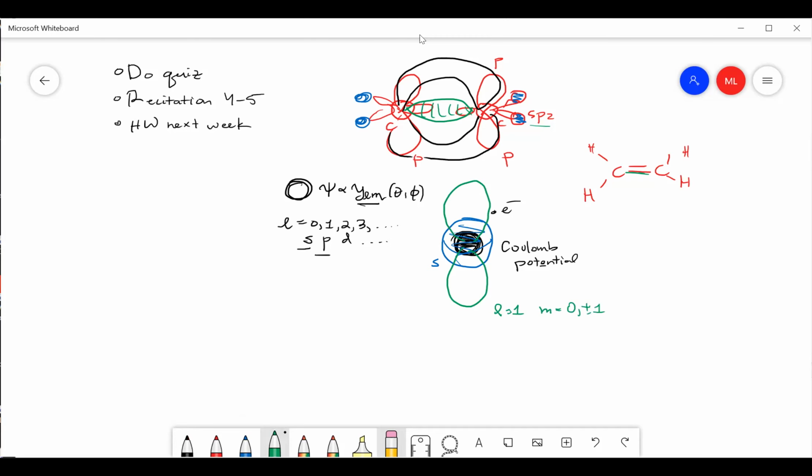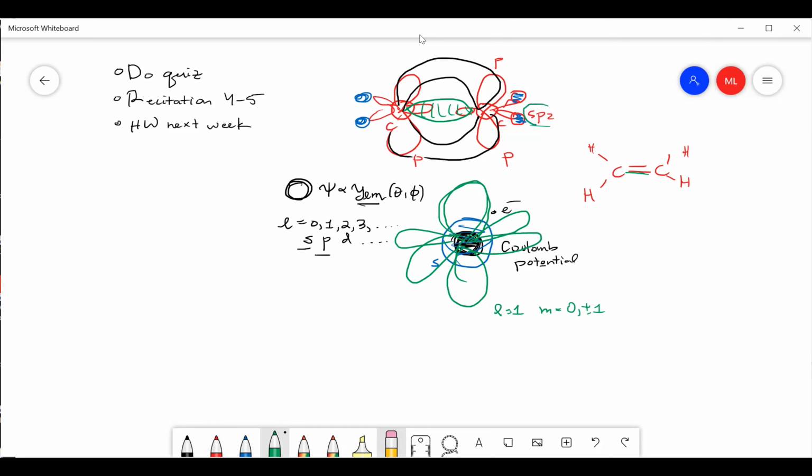And so there's 3 different kinds of p orbitals. There's the ones that go up and down, the ones that go out like this, and the ones that go left and right. It's just the 3 directions. And that's what happens here.